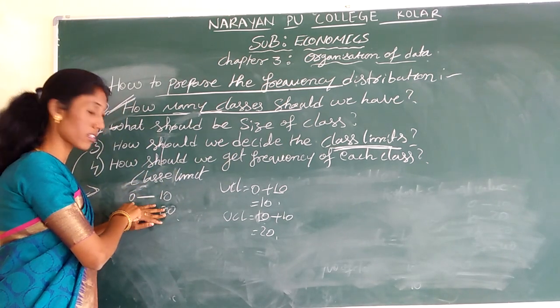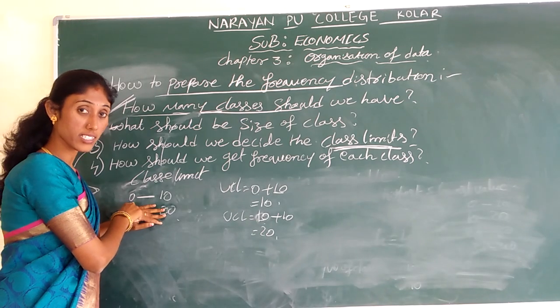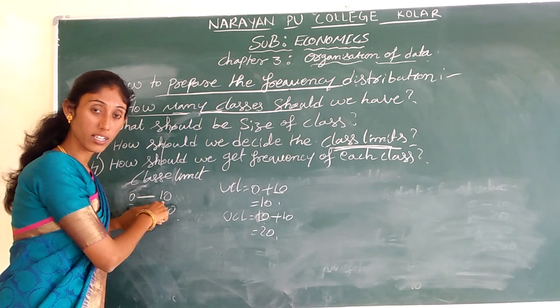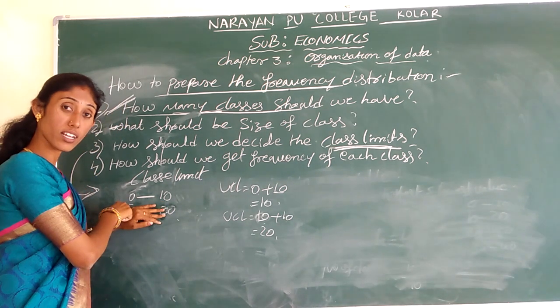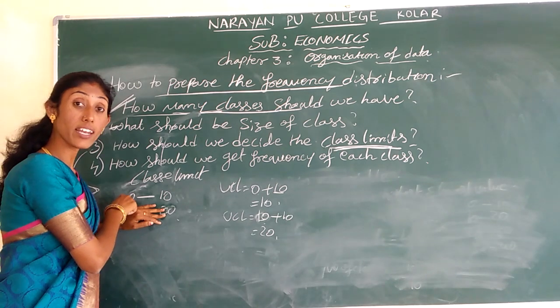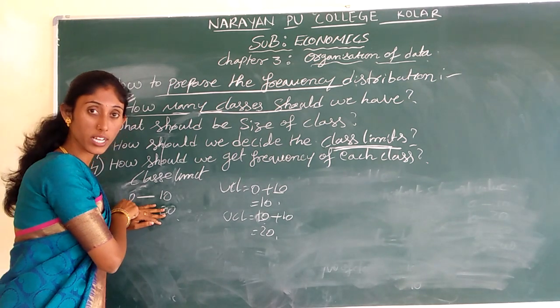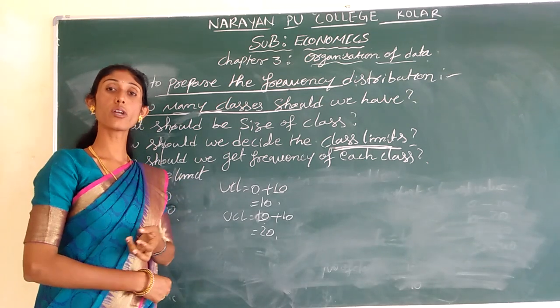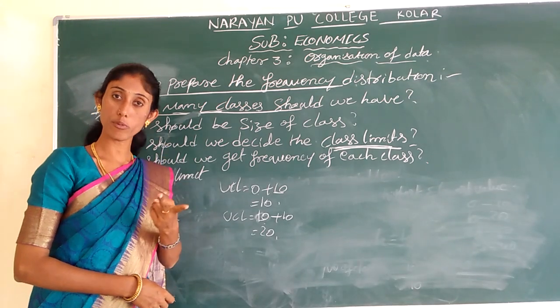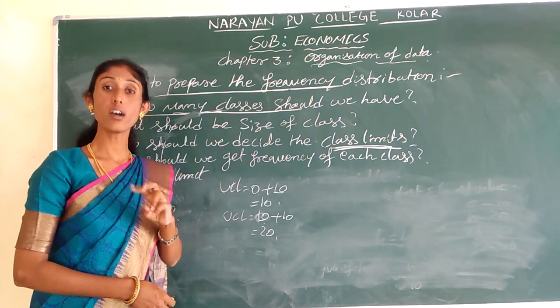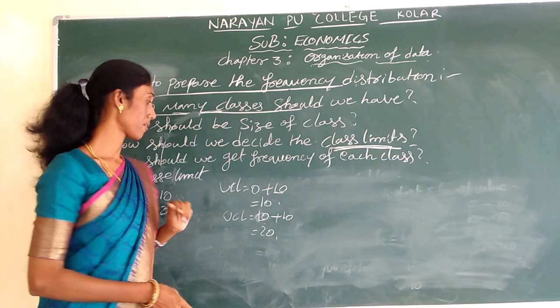Here the lower class limit is 0, the class interval size is 10. How did we get the lower class limit? By taking the lowest value from the observation. Understood, right? And for the class limits we are going to decide, there are two types: one is the exclusive method and the other is the inclusive method.